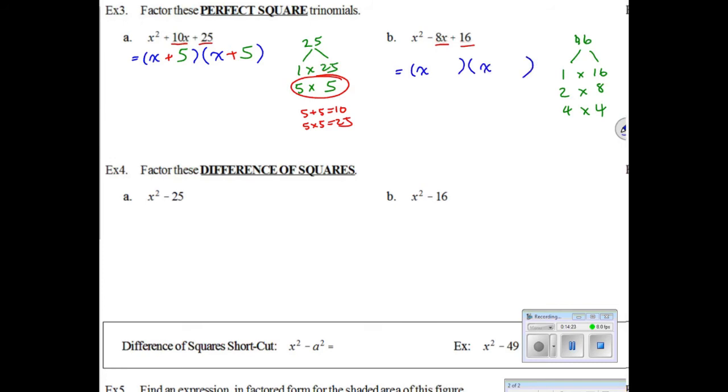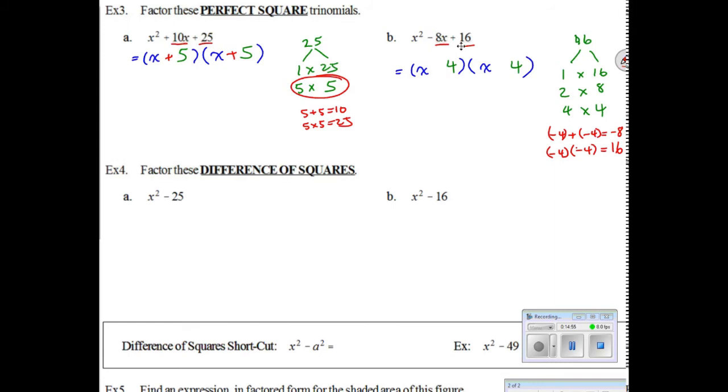Does 1 plus 16 give the middle number? No. How about the second one? Right? No. But here's the deal. We know that we can have negative numbers here because our middle term is negative and our final number is positive. So we need to have negative 4 plus negative 4 gives negative 8, but negative 4 times negative 4 gives 16.